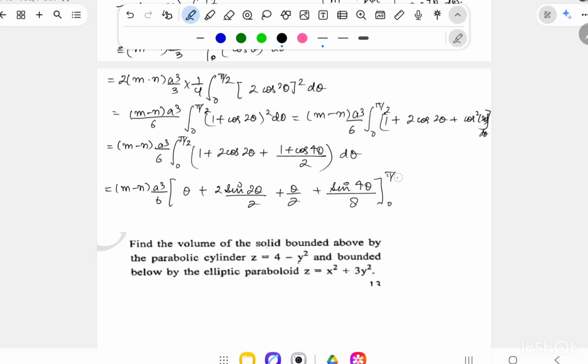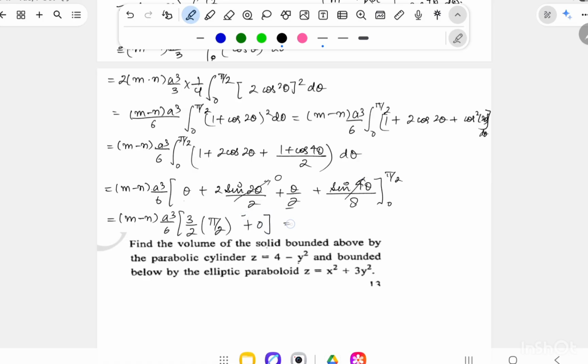So it is equal to m minus n a cube by 6, it will be theta plus theta by 2 is 3 theta by 2, so 3 by 2 into theta, that is pi by 2, plus sine pi and sine 0 both are 0, so this will contribute 0, and likewise sine 2 pi and sine 0 are 0, this will also contribute 0 only.